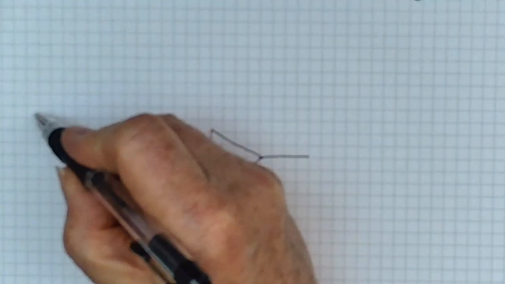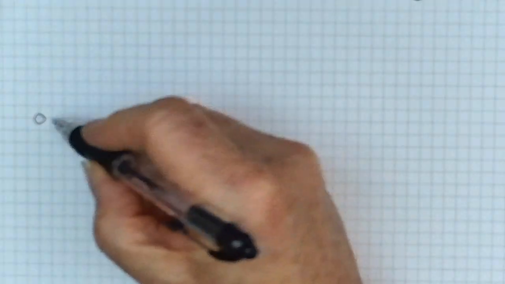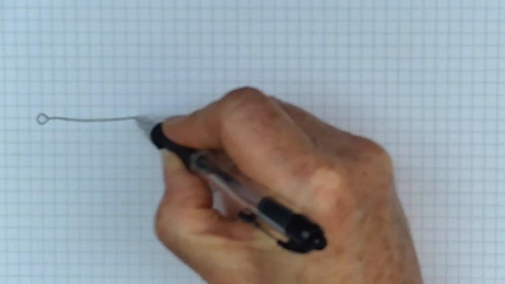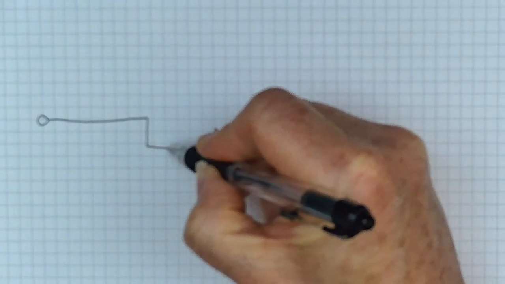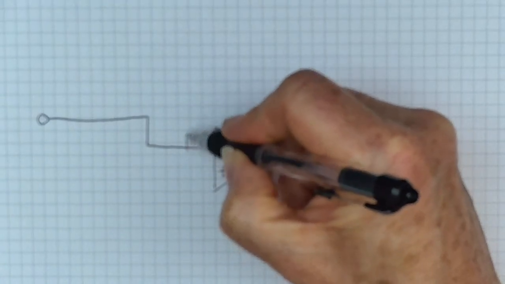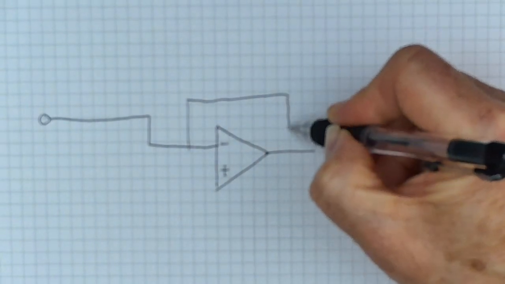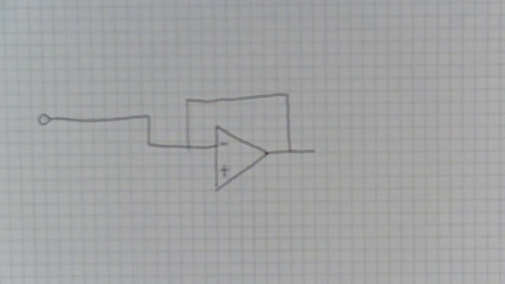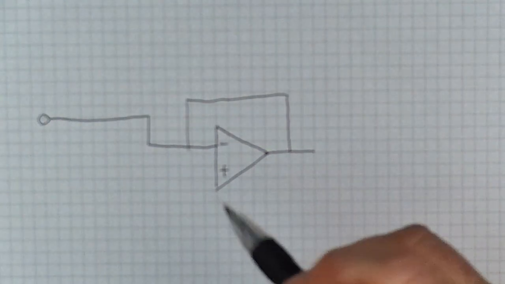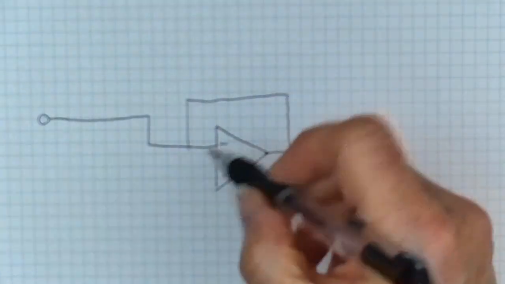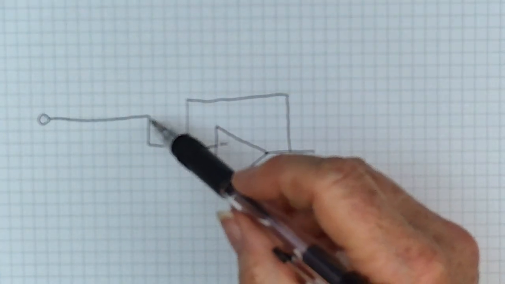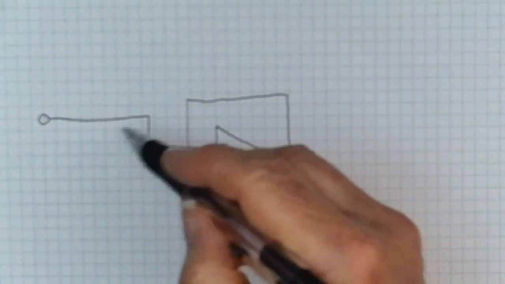And our signal will come in and go into the negative input, and then we will use feedback from the output back into the negative input, and we will put 2 resistors that we will select so that we get half of the output as to the input.